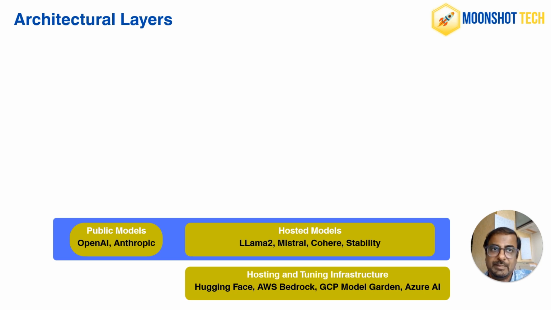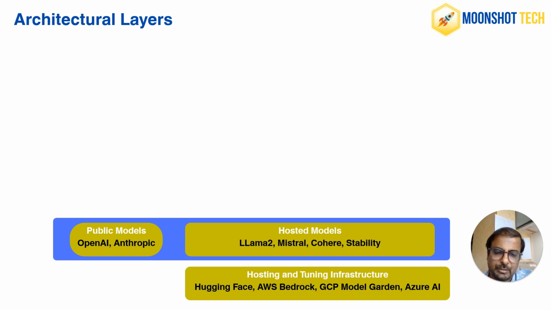So from a data privacy standpoint, if that is something that you want to avoid, you can go for the hosted models, right? Where these models, it could be open source or commercial models, which are hosted on different cloud infrastructure, right?